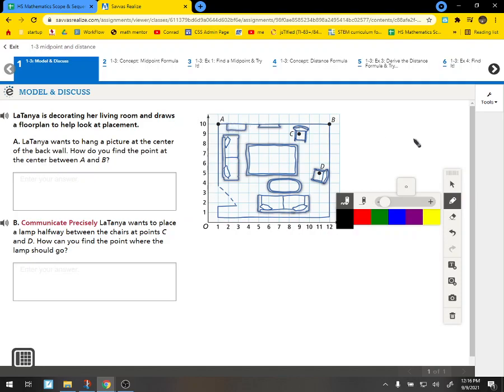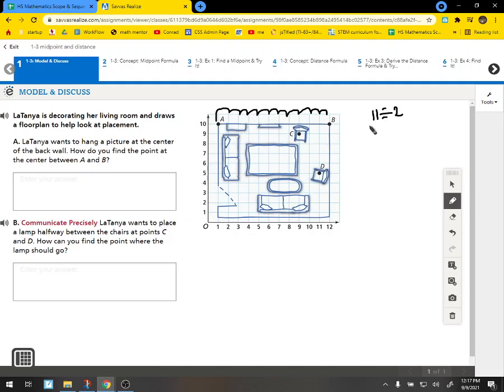So there's a few ways to think about this. One way to do it is to find out how long the wall is. So let's see. 1, 2, 3, 4, 5, 6, 7, 8, 9, 10, 11. I got the wall was 11 long. Well, if I want to hang it in the middle, what's the middle of 11? Whatever 11 divided by 2 is, which is 5.5.